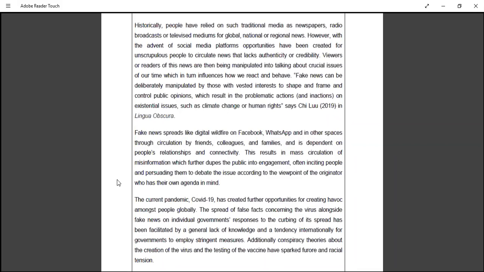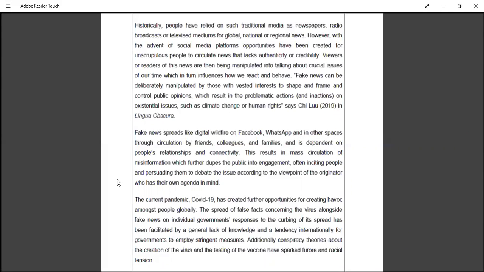However, with the advent of social media platforms, opportunities have been created for unscrupulous people to circulate news that lacks authenticity or credibility. Already, the main idea is that with the shift from traditional ways of publishing information to the recent social media setup, credibility is lost along the way when we are publishing information, just from reading the first two sentences.